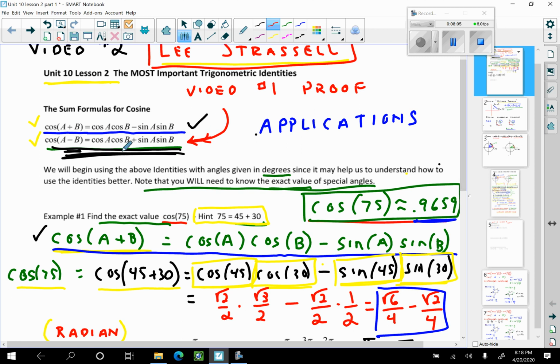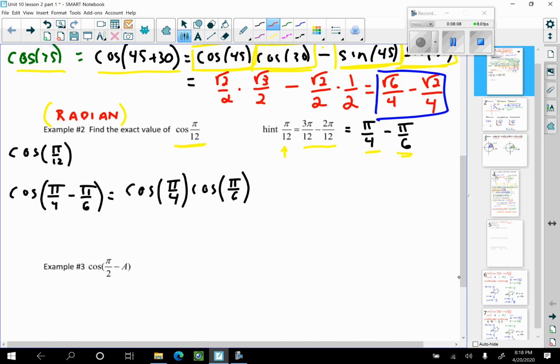So this is the one we're going to use. We're adding the product of the cosines to the product of the sines of the angles. This is just an application, ladies and gentlemen, so we can get an exact value for cosine of pi over 12.